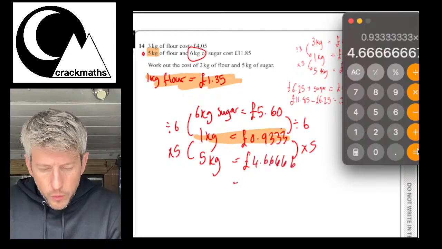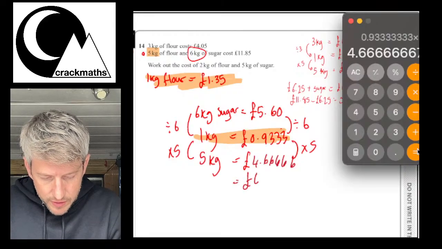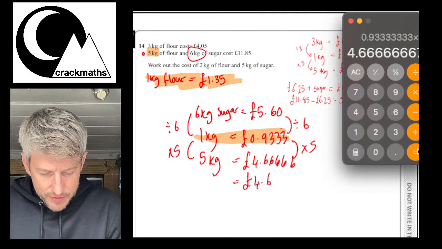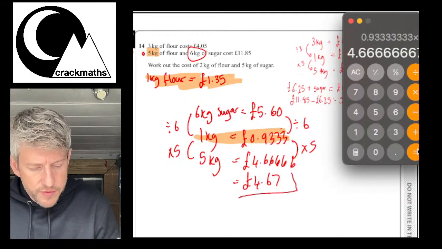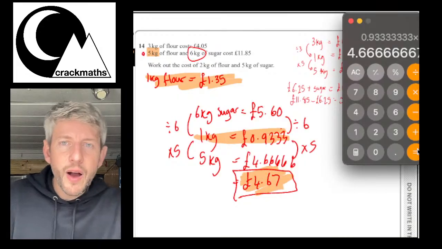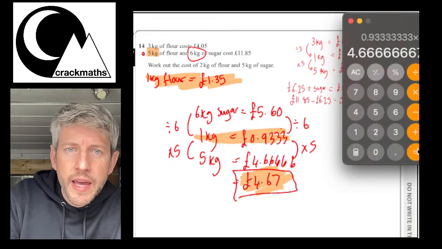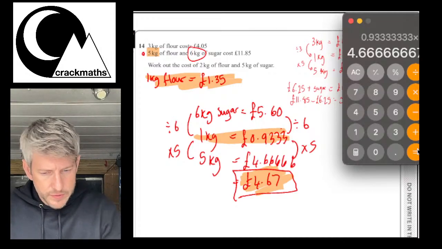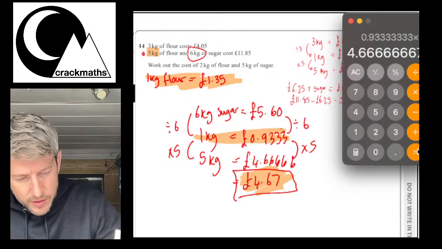I'm going to call that £4.67. So this is our cost for our 5 kg of sugar. And now we need to do our 2 kg of flour. One sec, I'll do it directly under the flour bit.